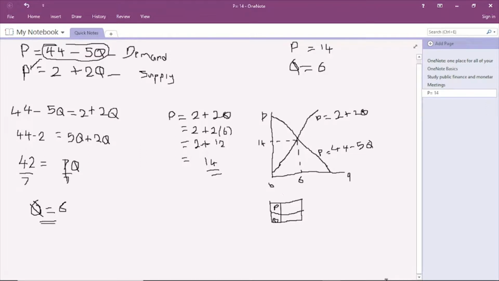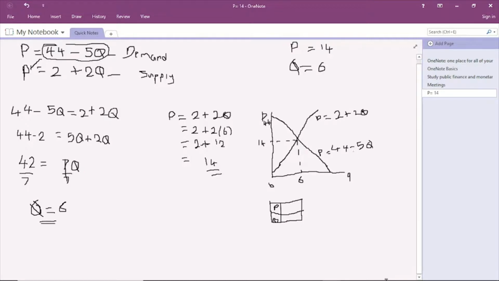So this is for the demand. On the demand equation we have P is equal to 44 minus 5Q. So if the quantity is 0, then what is the price? Then the price is 44. So you put 44 here. Because down here the quantity is 0. So if the quantity is 0, it will mean that the price is going to be 44.